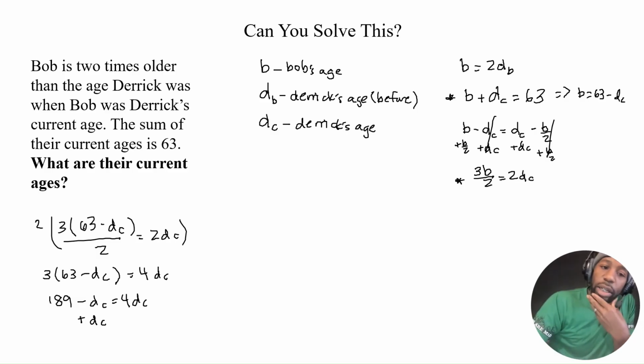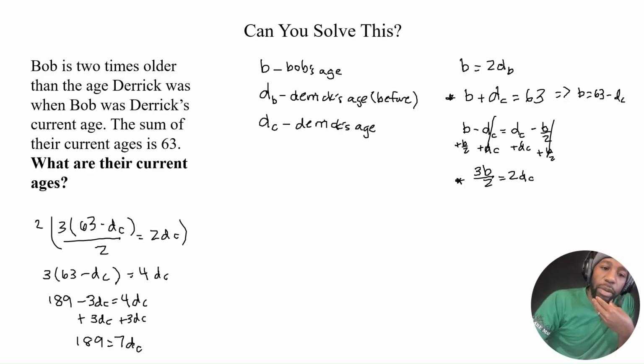Oh, I'm sorry, I messed up. It's 3DC. I was thinking too quickly. I knew something wasn't looking right. So we're going to add 3DC to both sides. So 189 equals 7DC.